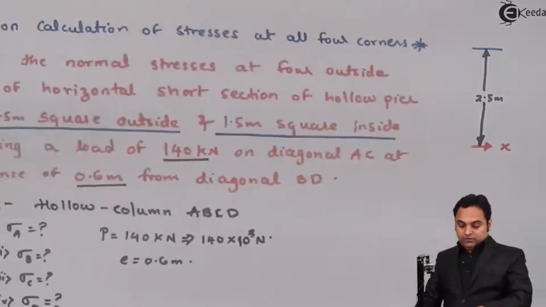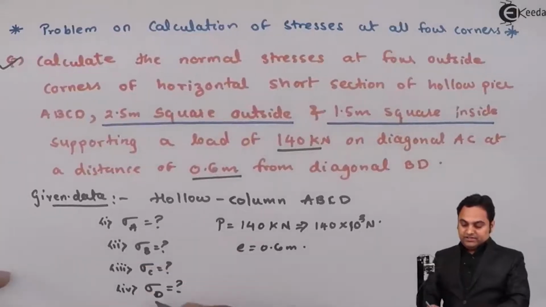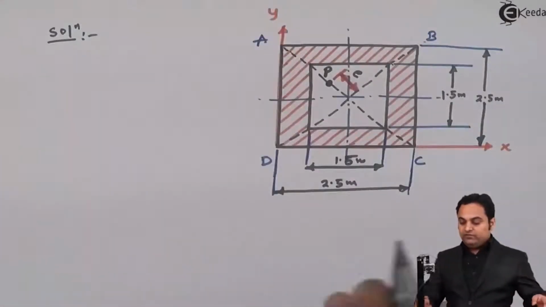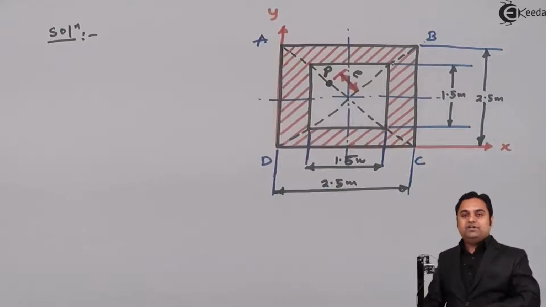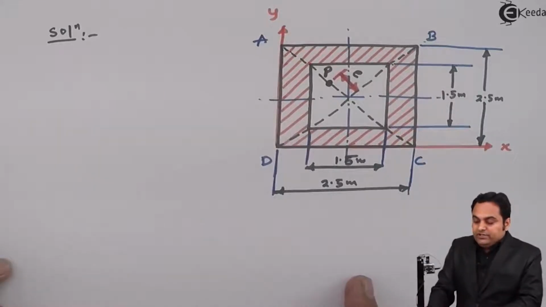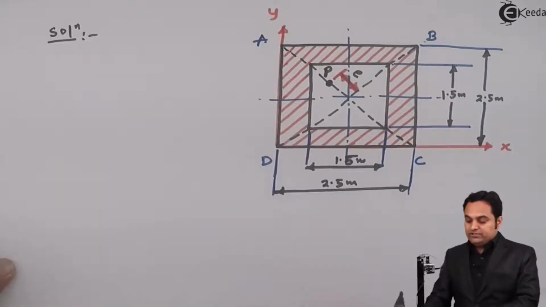Now, here we have to calculate the stresses at all the sections. So once we have drawn the diagram, now the problem becomes really simple. The first thing is we should get the area for this hollow square section.